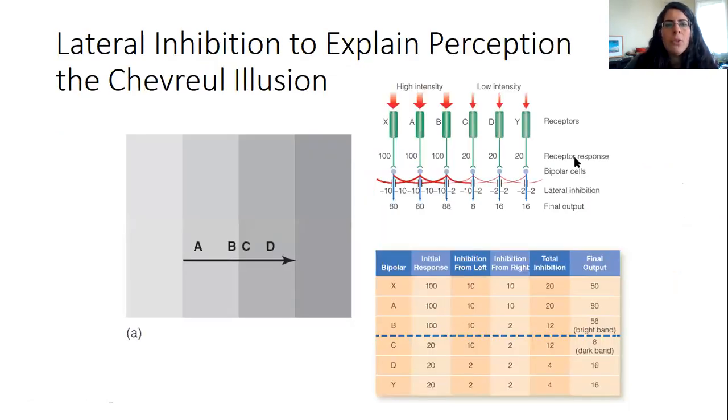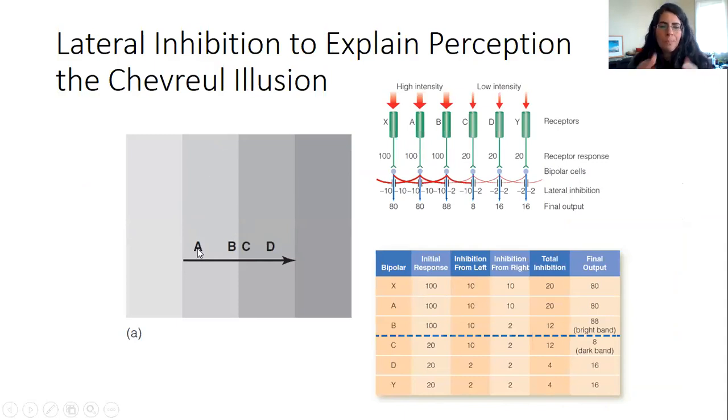Okay, so here we have a figure that hopefully describes this a little clearer. Let's say that, you know, receptors, hold on one sec.